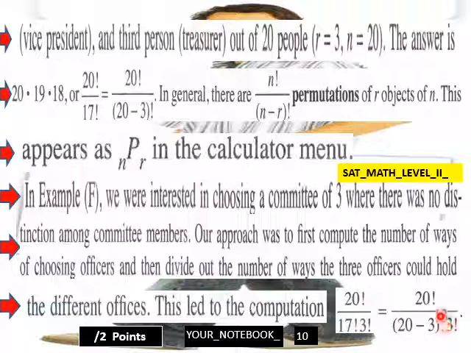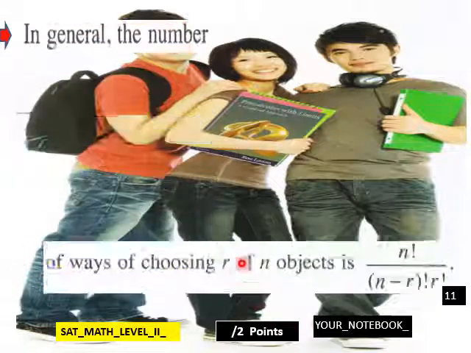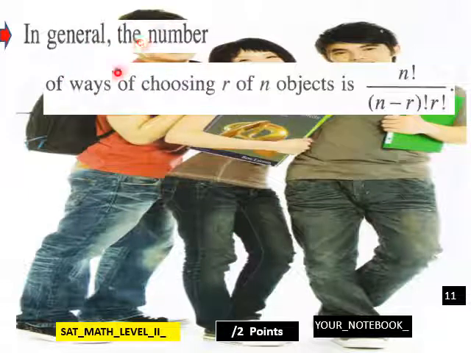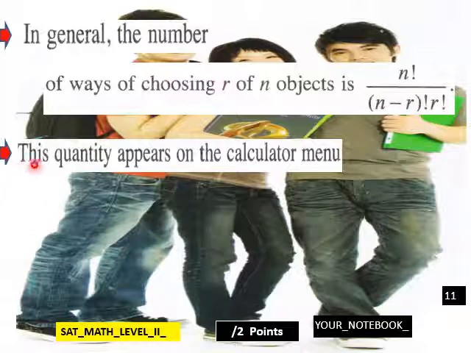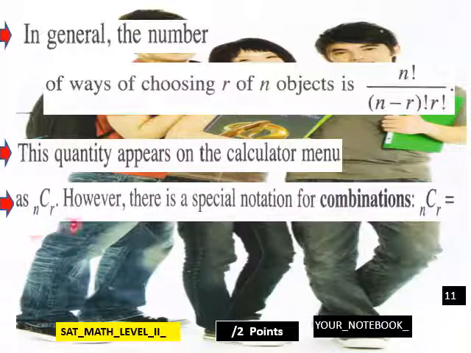And again, this is the formula we use here for that. You should be familiar with that, class. In general, the number of ways of choosing r of n objects is n factorial over n minus r factorial times r factorial. This quantity appears on the calculator menu as nCr.